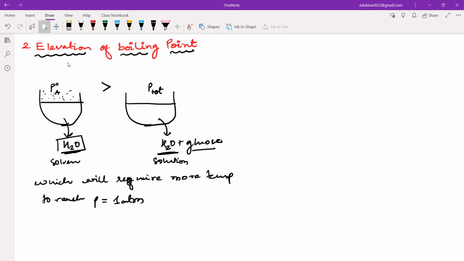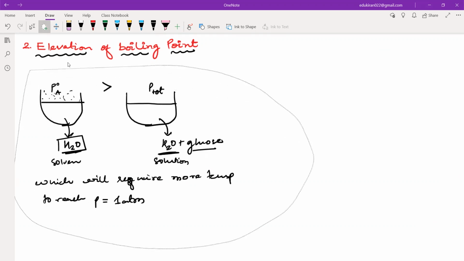Yes or no, please tell me. Yes. Yes. ओके, ठीक है, सिंपल.